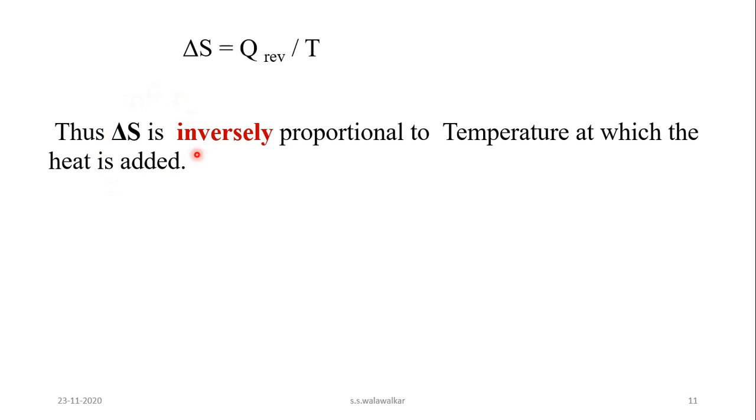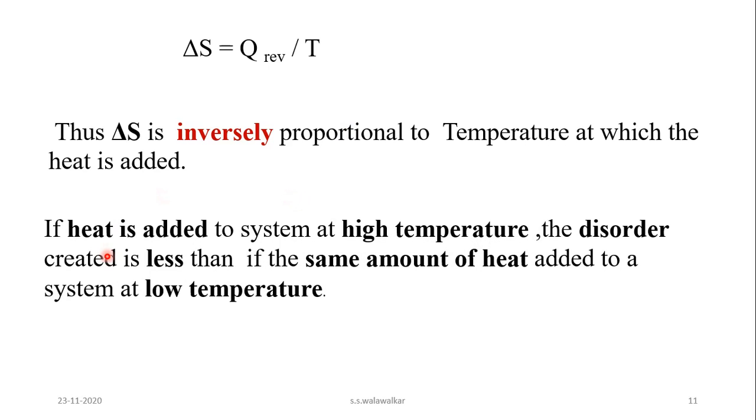If heat is added to a system at high temperature, the disorder created is less, but if the same amount of heat is added to a system at low temperature, then the disorder produced is more. I hope you understood this point, and thank you.